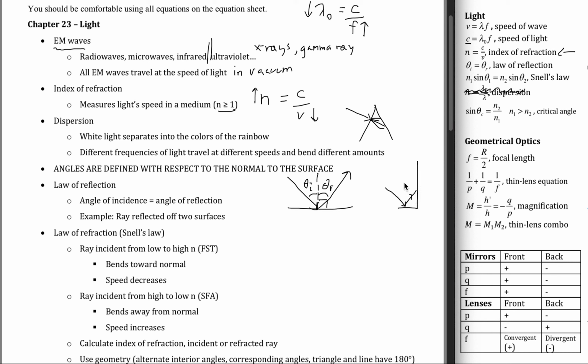So if you have that normal to the surface right here, those two angles are going to be the same: angle of incidence here, angle of reflection here. And then this ray is now hitting the second surface, and then it will also be reflected at the same angle of incidence. So now there's a normal here, and this angle here is going to be the same as this angle here. This is the angle of incidence equals the angle of reflection. So you should be able to use geometry to figure out the angles.